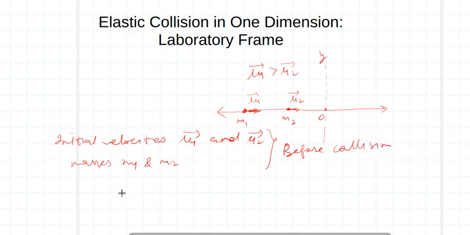And if there is a collision, after collision the masses will remain the same, but their velocities may change. Let us call this v1 and this v2. These are the final velocities.